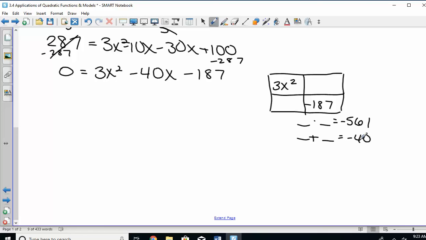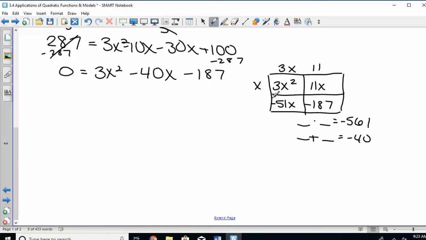Everybody found it? Have you divided it by 11? Yeah. Negative 51 and positive 11. Okay. 3x squared and 51x, you can take out a 3x. 187 and 11, you can take out an 11.